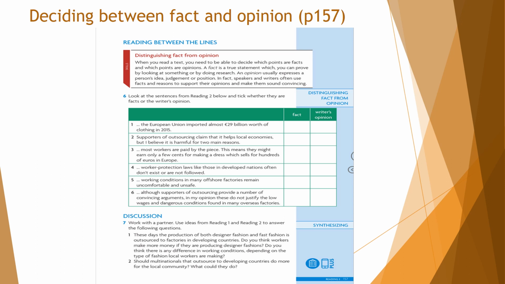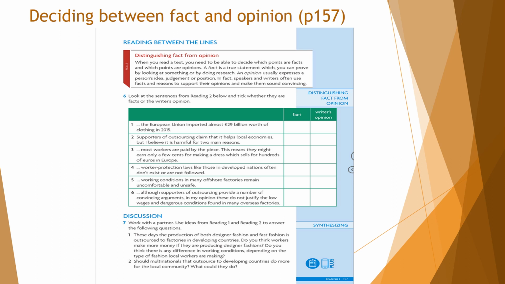So let's have a quick look here at the next part, number 6. Look at the sentences from reading 2 below and tick whether they are facts or the writer's opinion. So number 1. This is from one of the articles that I just showed you that you could read yourself. In fact, I suggest that you do read that article. Okay, so number 1.